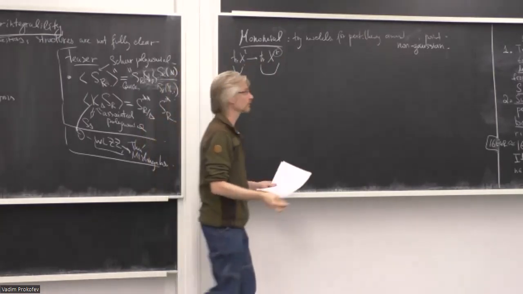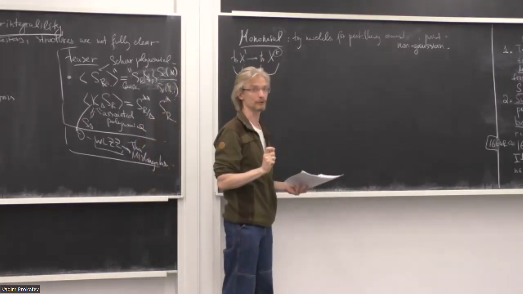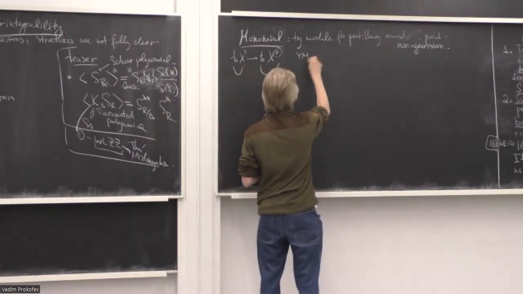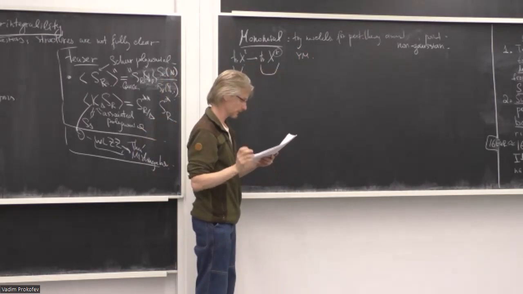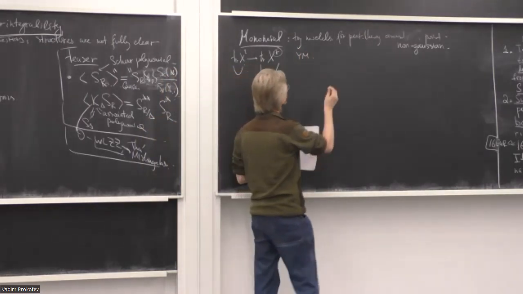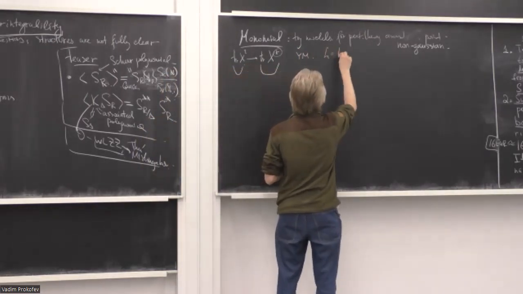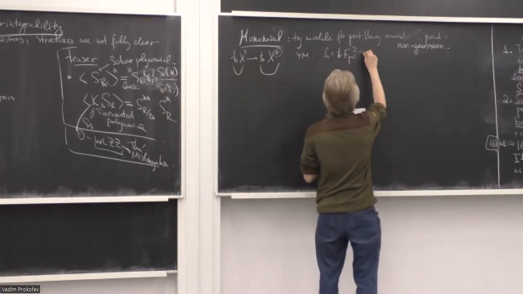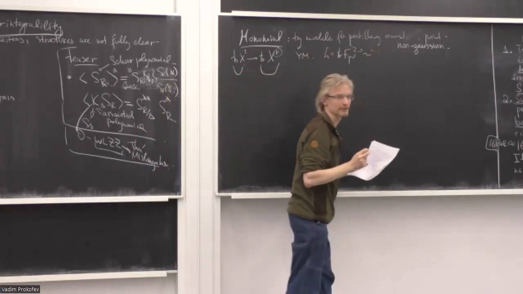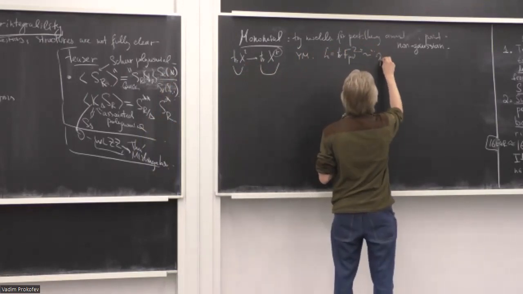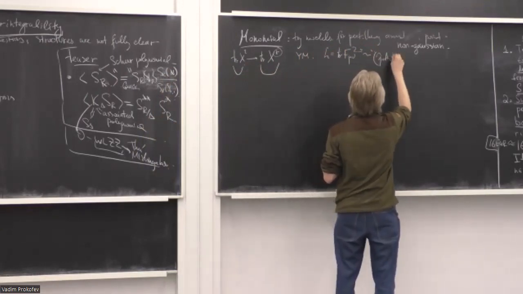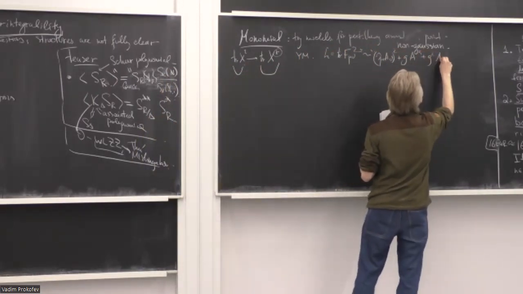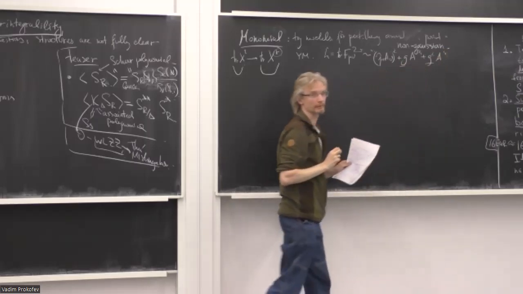Yes, so the physical situation where we might be interested in this is, of course, Yang-Mills theory, where very loosely the Lagrangian is trace of F mu nu squared, which, in a very exaggerated way, is d mu A nu squared plus g A cubed plus g squared A to the fourth, where g is the coupling constant.